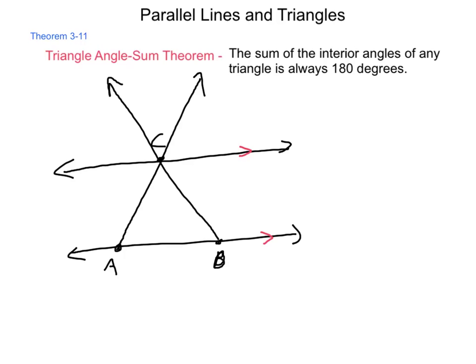Now, using some of our angles and congruencies that we know, we're going to start establishing some characteristics of this triangle. For instance, angle A here is an alternate interior angle to this one. And then angle B is alternate interior to this one.